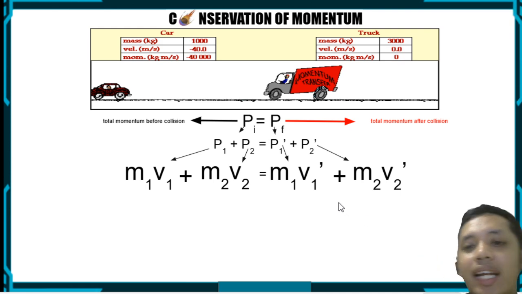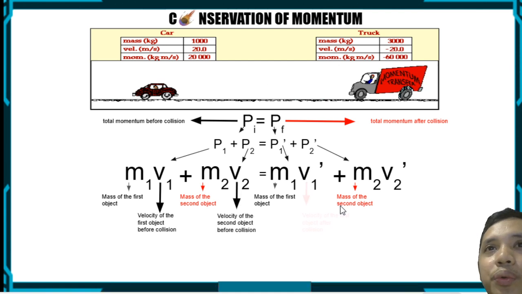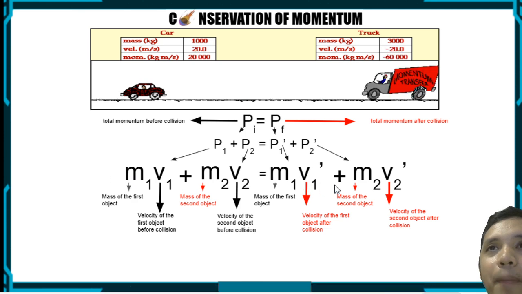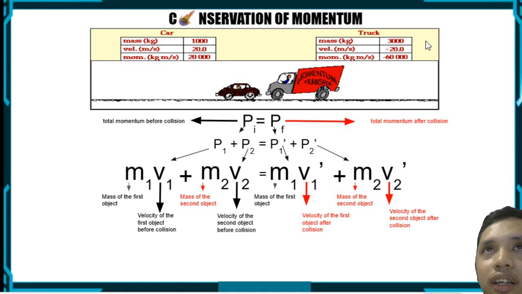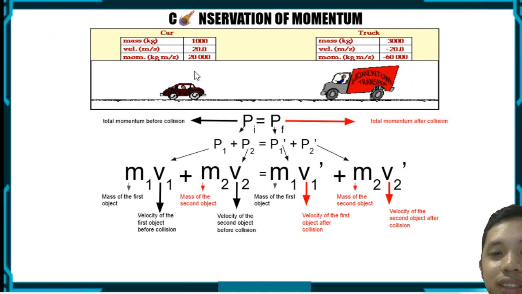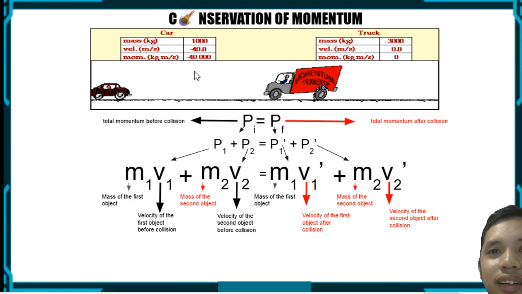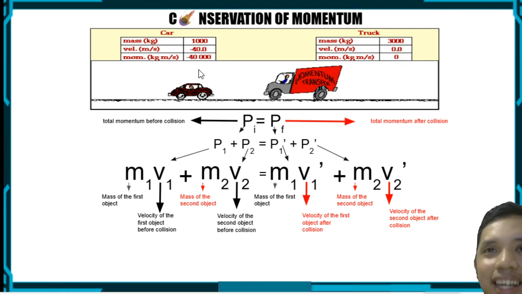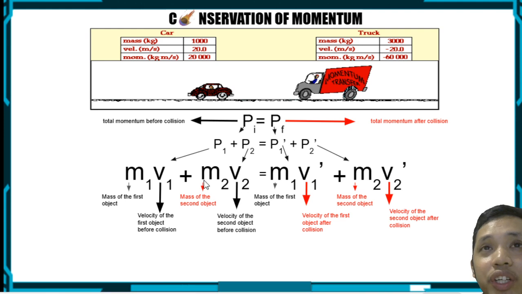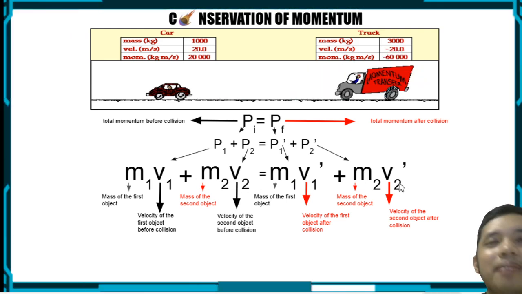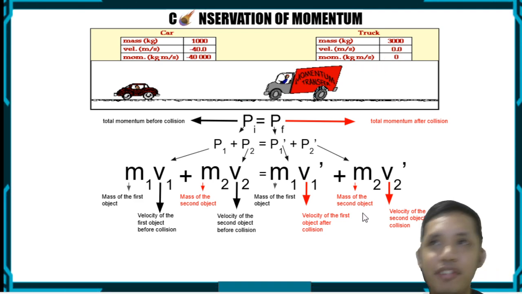So, my challenge for you is to replace these variables by the values provided in the GIF. So, pause this video and write your answer in your notebook. Okay? So let's see if your answer is correct.